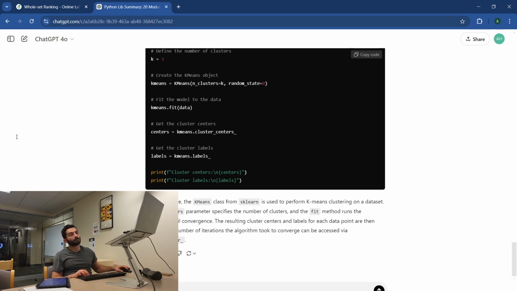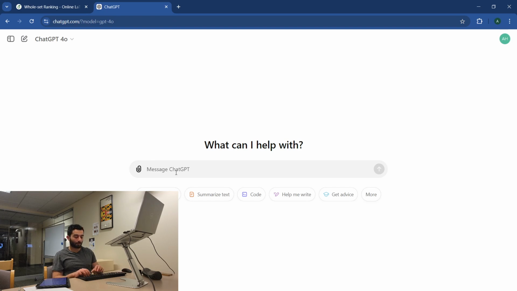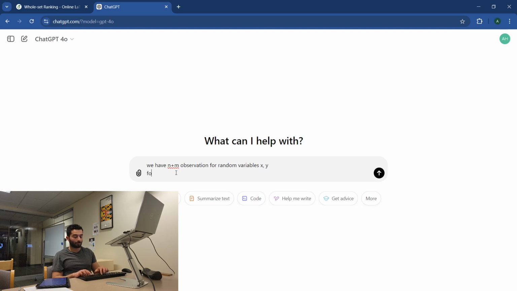And we have n plus n observations for random variables x and y for i from 1, and x of i greater than or equal.